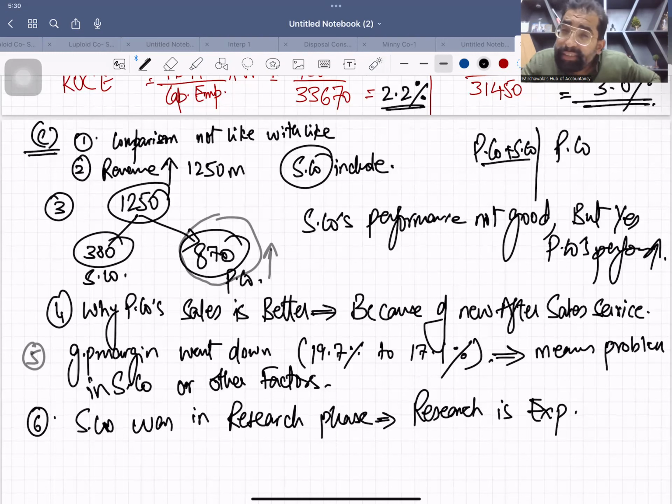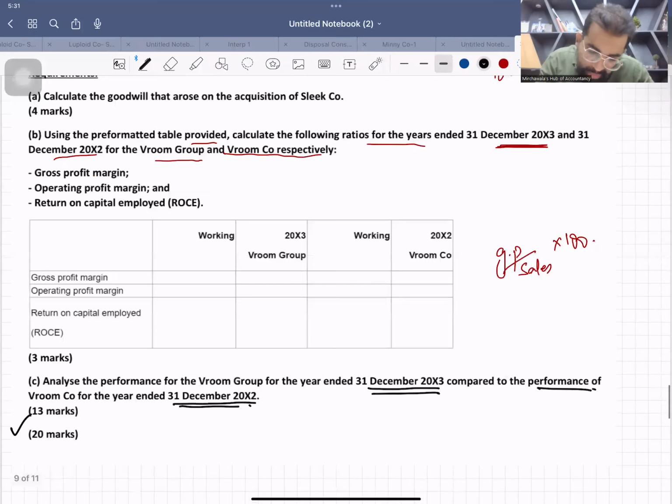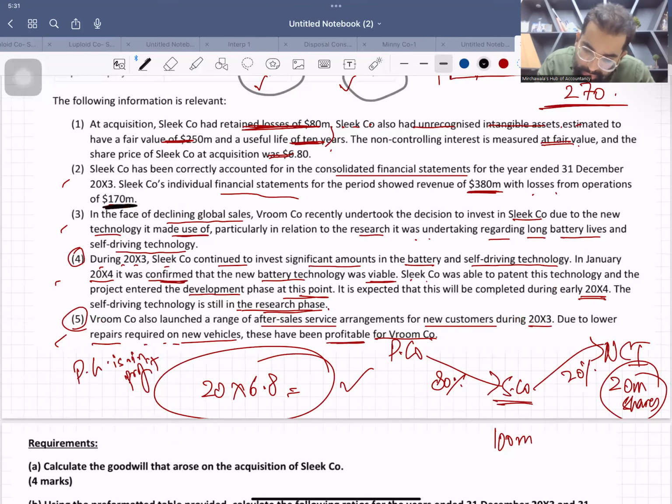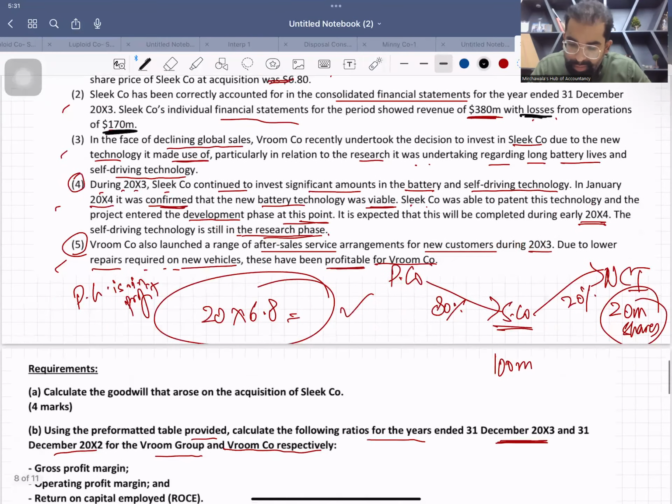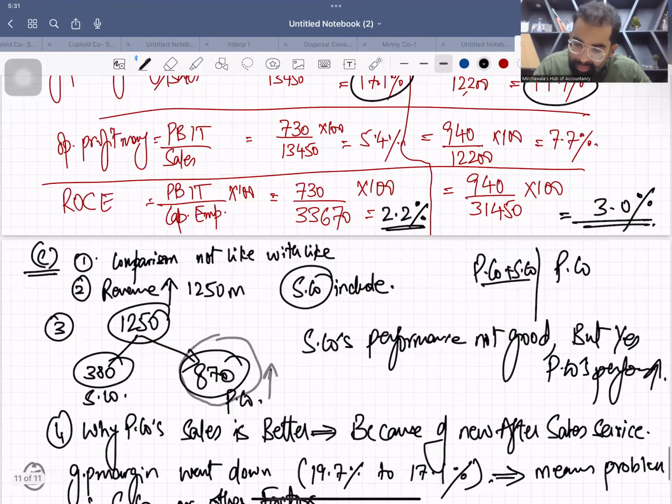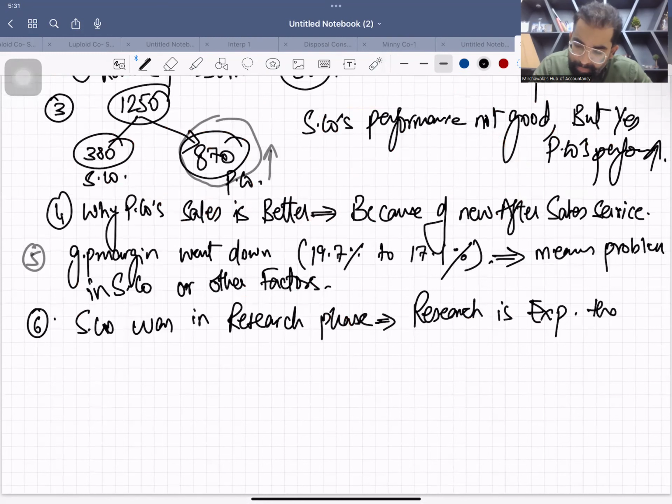Now, when the research is an expense, that's why S company's expenses are extremely high, and that's why S company is in loss. In point number 2 or 3, it is written, you can see S company is in loss. So this is one of the reasons. This is one: research is an expense.